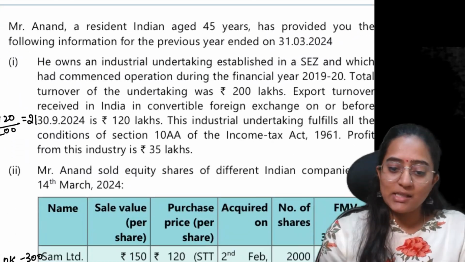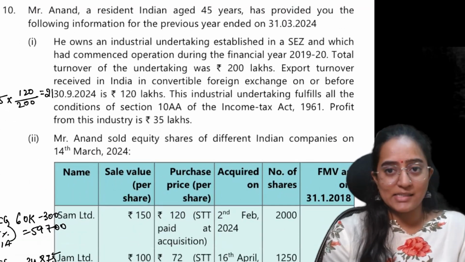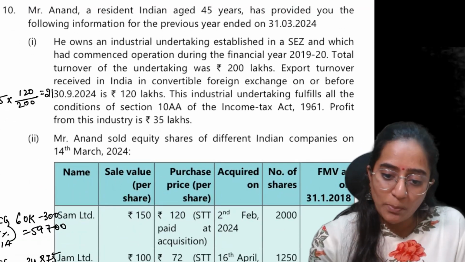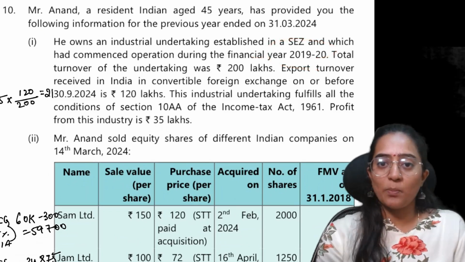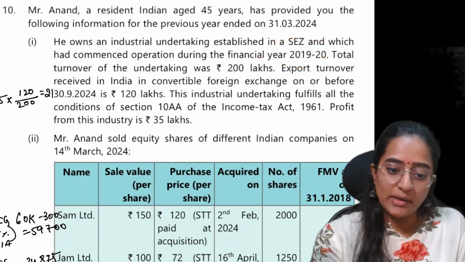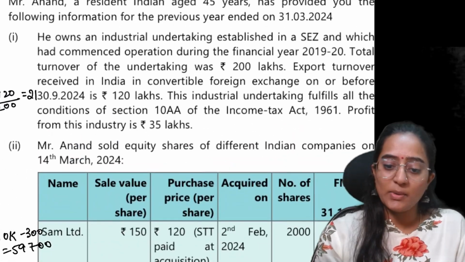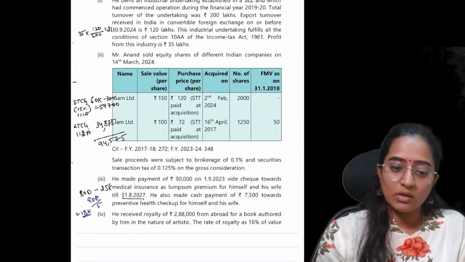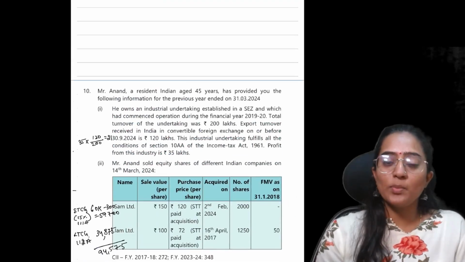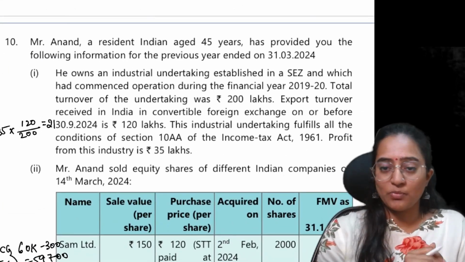Mr. Anand owns an industrial undertaking in an SEZ which had commenced its operations during 2019-20. Which means, for the first 5 years, the exemption is going to be till what amount, people? No, first 5 years 100%.